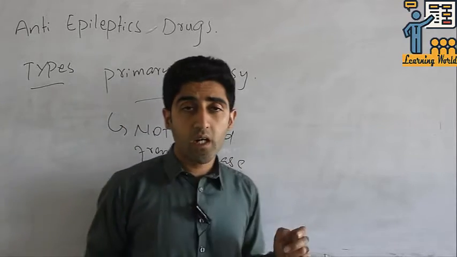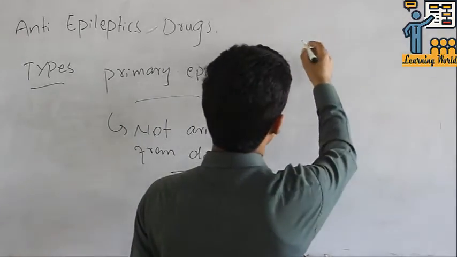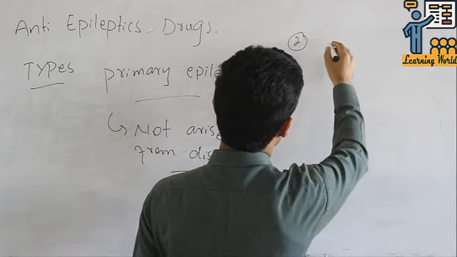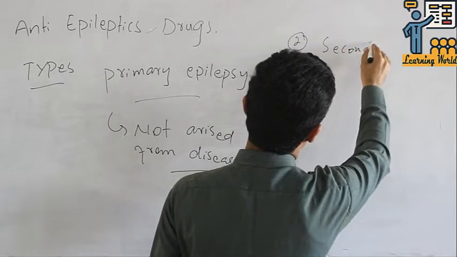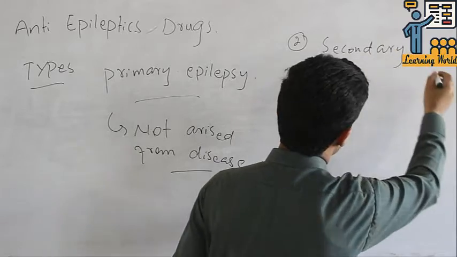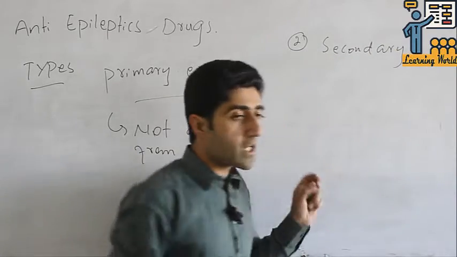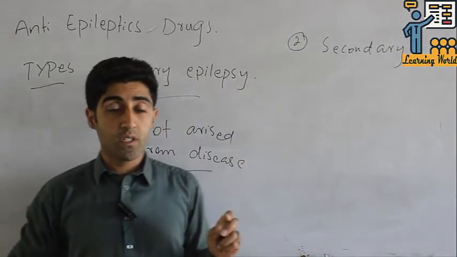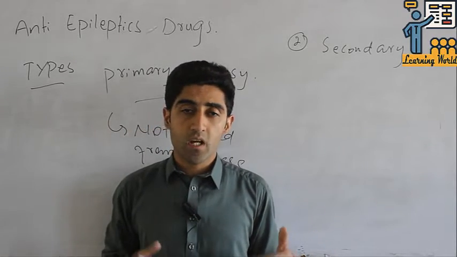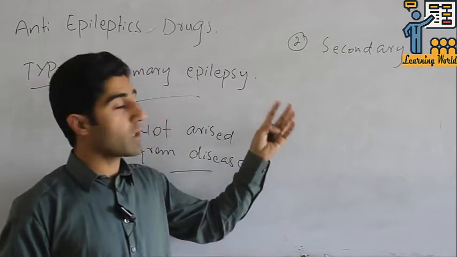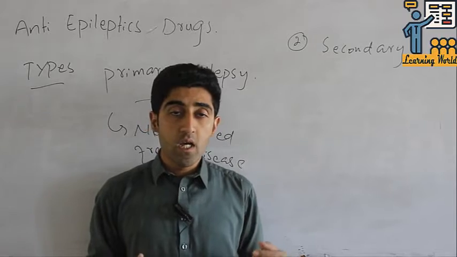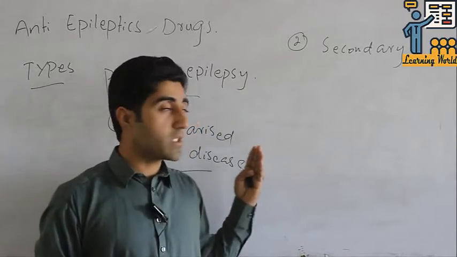The second type of epilepsy is secondary epilepsy. In secondary epilepsy, some disease affects the human brain or hemisphere, and then epilepsy arises from this disease state.